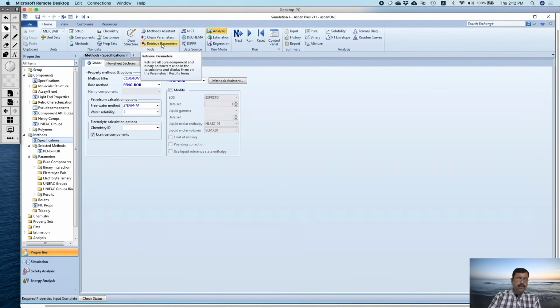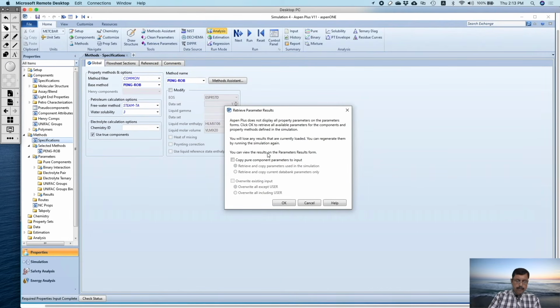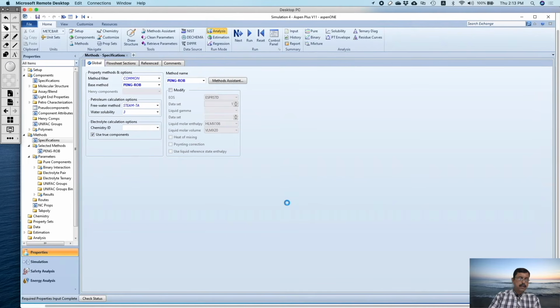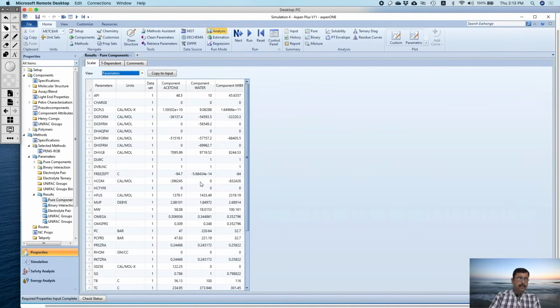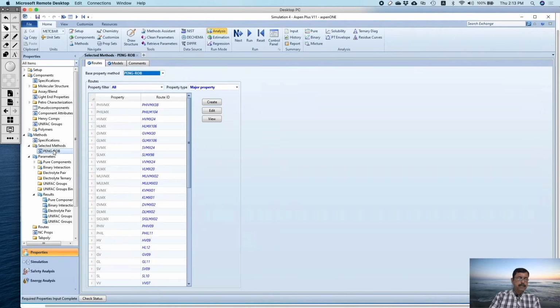So if you say retrieve parameters and press OK, then you will find them in this form. Let us first see what the parameters are. This is the selected method, Peng-Robinson, and these are the property calculations. What is PHIVMX? Let us see.